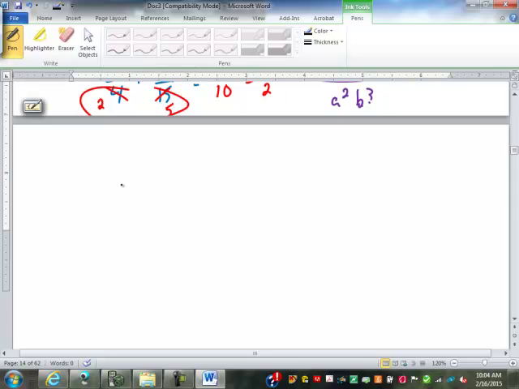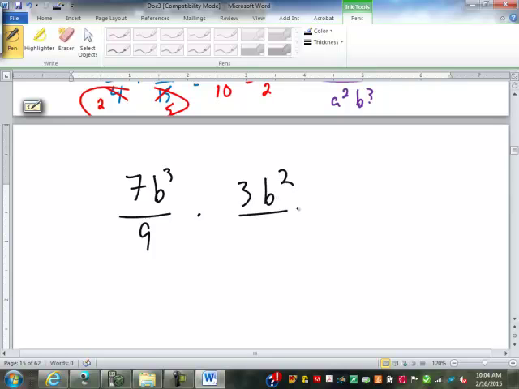Or we could have something like this. So we pull out the numbers.